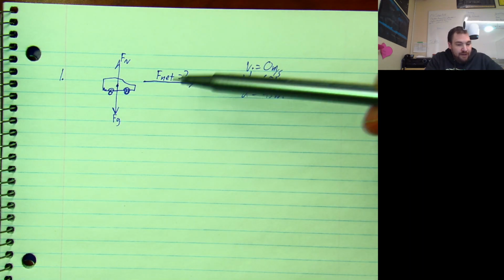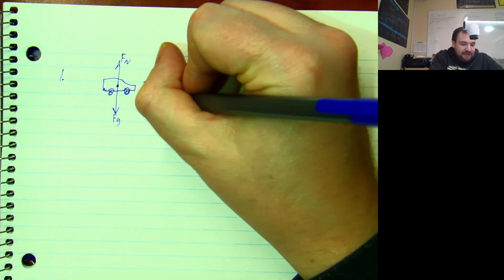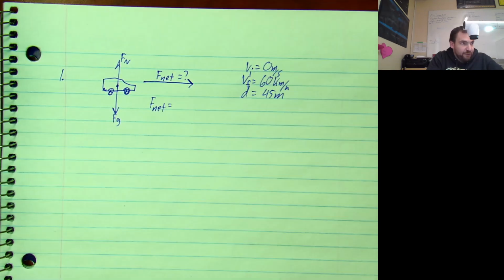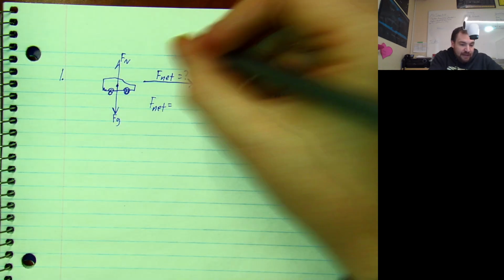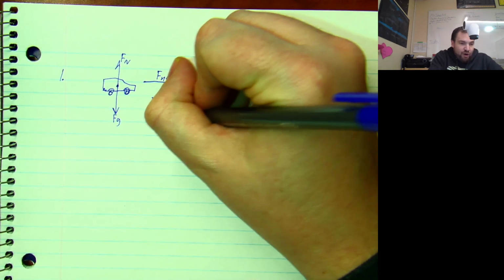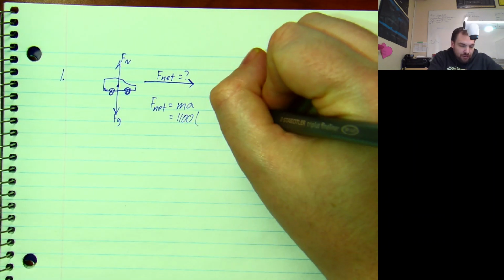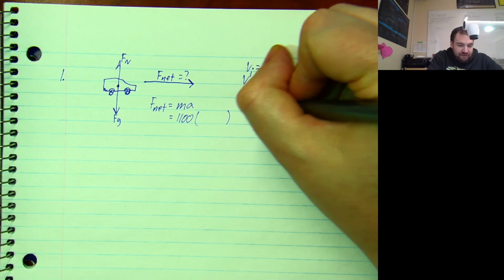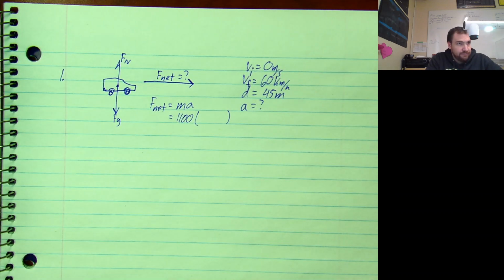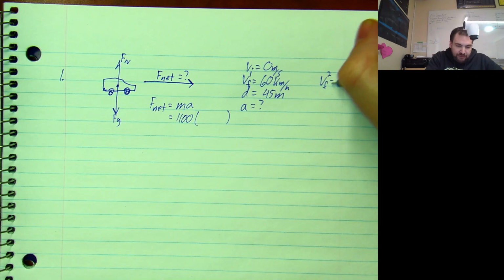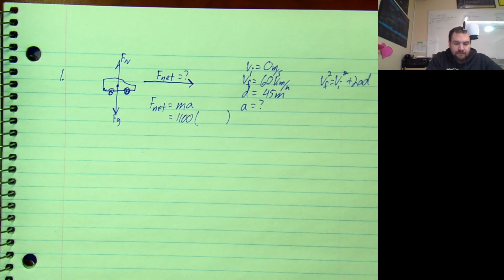Yeah, but we know one of the things of net force. To find the net force, the equation for net force is what? F net equals ma. I know my mass is 1,100. We're going to get the acceleration, so I need the acceleration from this kinematic data. So Vf squared equals Vi squared plus 2AD. And before I can shove anything into that equation, what must I do?